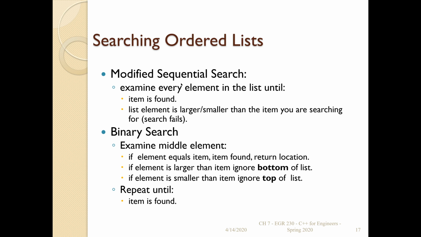The modified sequential search is more efficient than a standard sequential search if the list is unordered. And binary search is actually more efficient than that. We'll take a look at binary search with part 3 of the lecture slides.